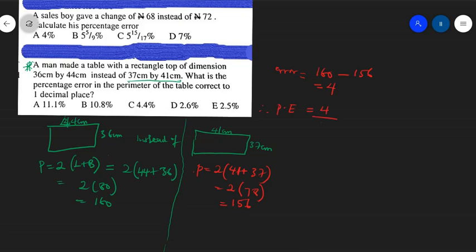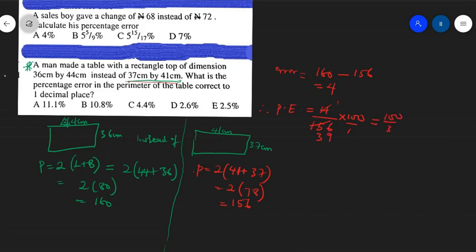So this is the real value, 156. It's going to be the error over the real value, 156, because the word instead of presents the idea of the correct one. So 4 over 156 times 100 over 1.